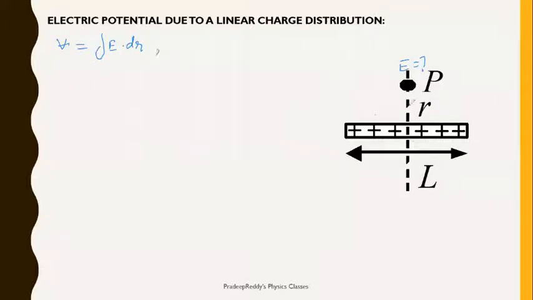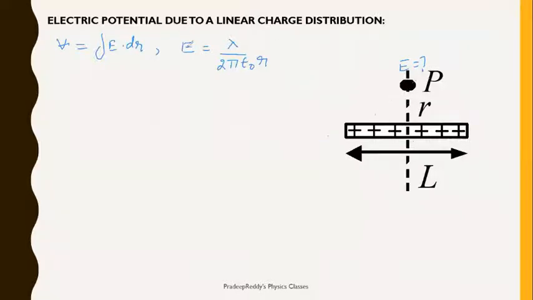Now, the electric field at that particular point due to this rod on the equatorial line is calculated, and you can refer to the previous videos for that derivation. So E can be written as lambda divided by 2 pi epsilon naught R. This is the electric field due to a rod on the equatorial line.